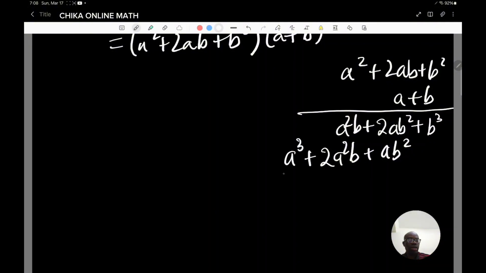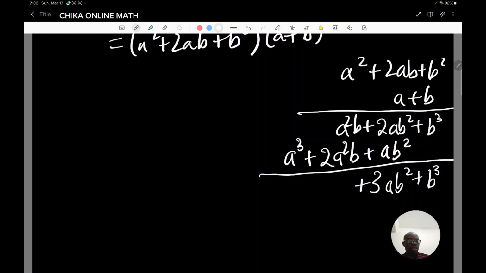So now we add. We have b cubed here, then plus, this one will give us what? 3ab squared. Plus, then 2a squared b plus a squared b, that's a squared b plus 2a squared b, will give us what? 3a squared b.